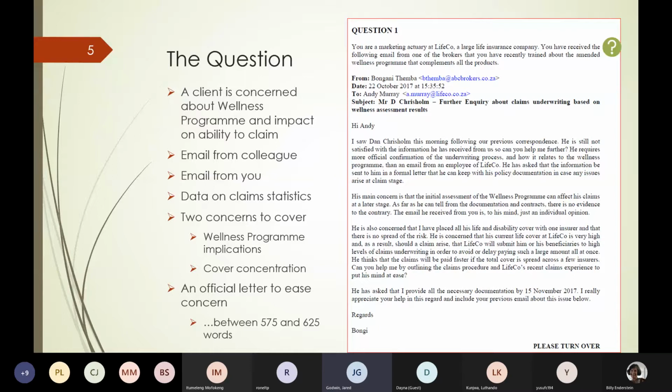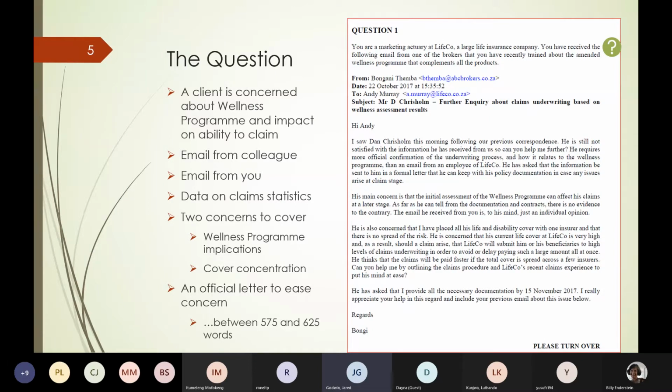So the question was really about a client that was concerned about a wellness program, if you recall, and the impact the results of the wellness program had on their ability to claim. They were worried that they'd been assessed through this wellness program, and now the insurer was going to use those underwriting results to deny the claim, should they claim.